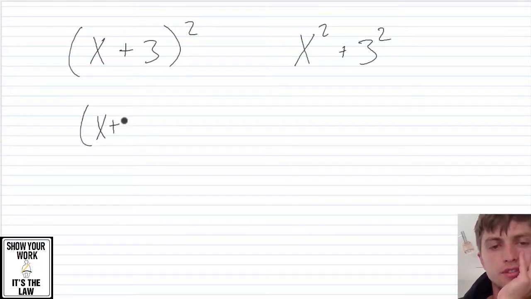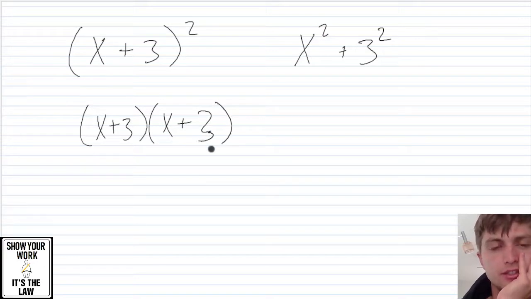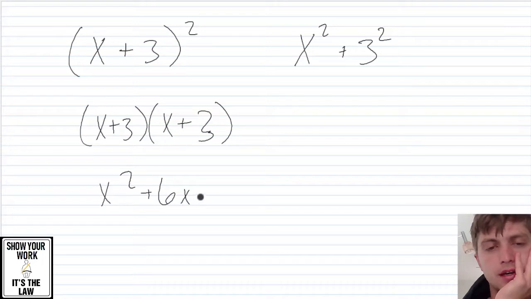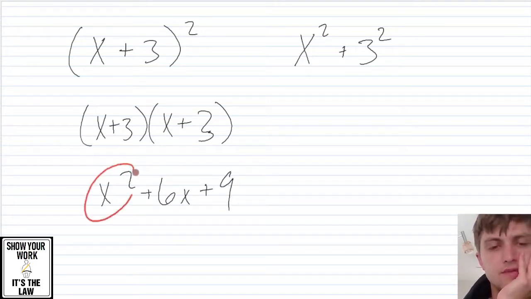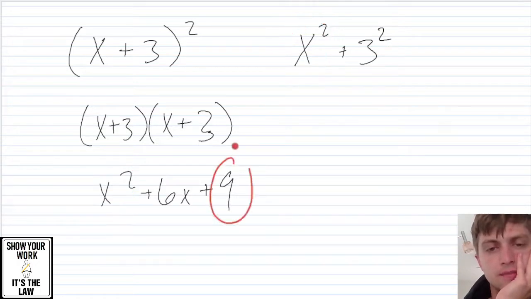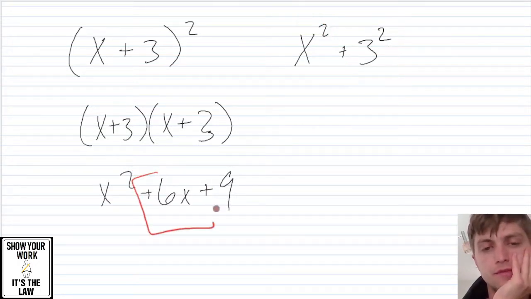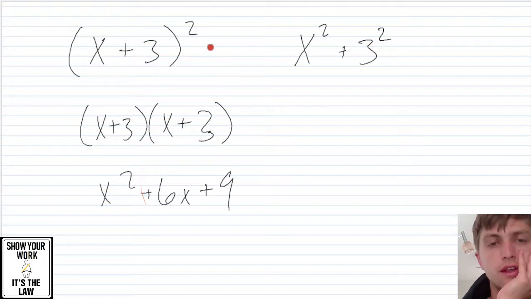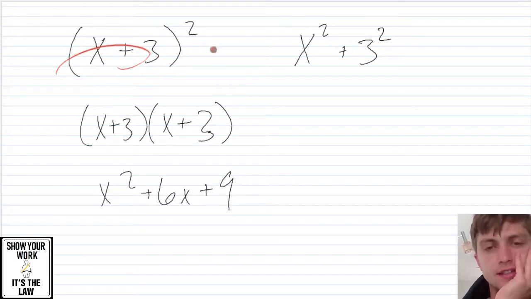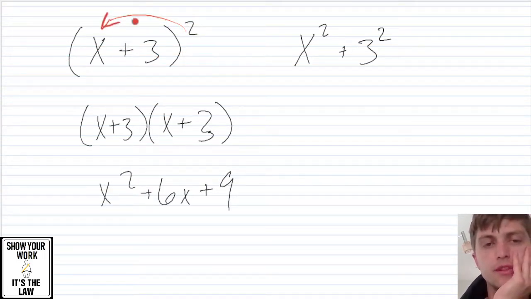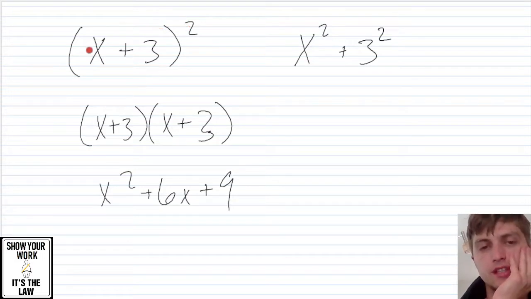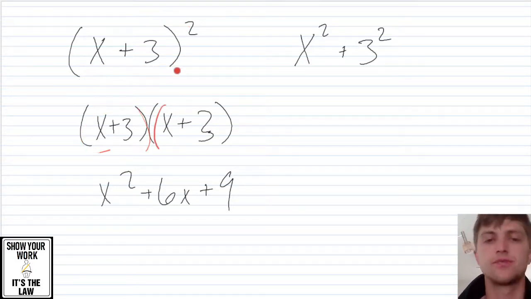We're going to do x plus 3 multiplied by itself twice, and from here you just use the FOIL technique, and you would end up with that, I believe. So we still have the x squared and the 3 squared, but we would be missing a full other term in there. You can't distribute the exponent, okay? You actually got to multiply the base by itself.